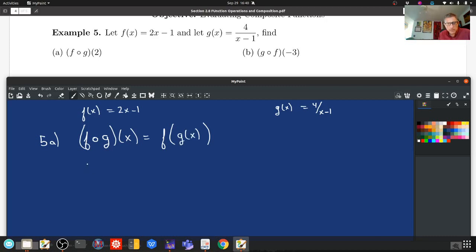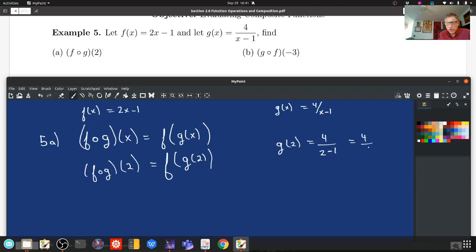So they want us to find f composed with g of 2. So that's the function f evaluated at g of 2. The way I do it is I find g of 2 first, and that's 4 over 2 minus 1, which is 4 over 1, which is 4.